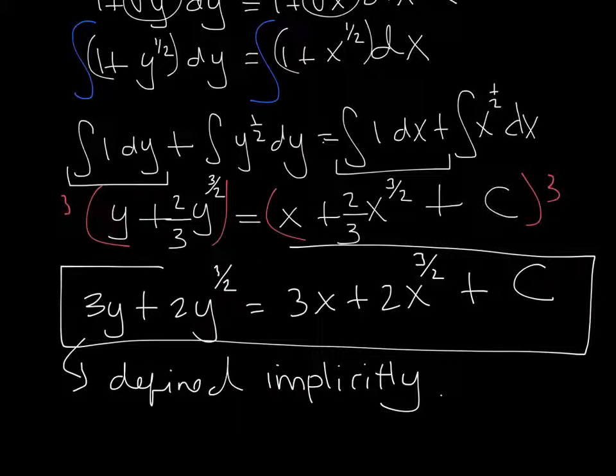This is how your book has the answer, which is completely fine, but in the next section and in chapter 2, there's another way of writing this, and I just want to point this out.